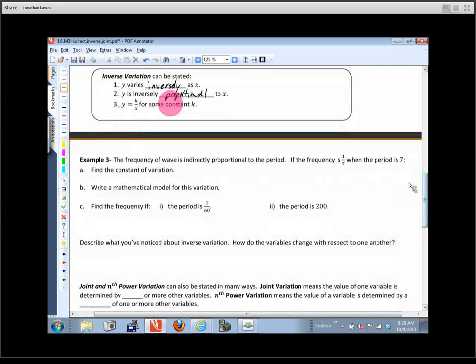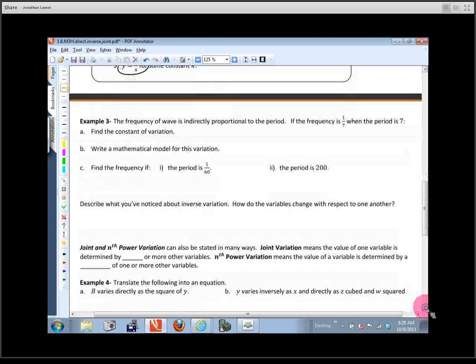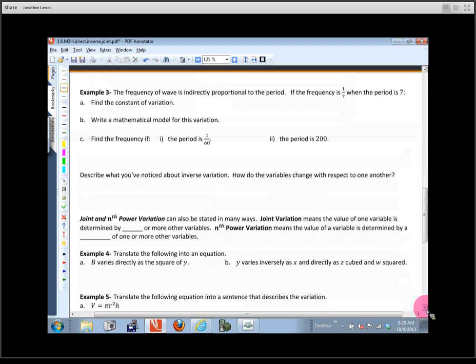Okay, so there are the statements. That right there is the mathematical format for what we're going to do. So if you flip the page over, most of you are going to take the ACT for the first time in the next year or so. If you're a junior or a senior, you've probably already taken it once, and you'll be taking it again here soon.